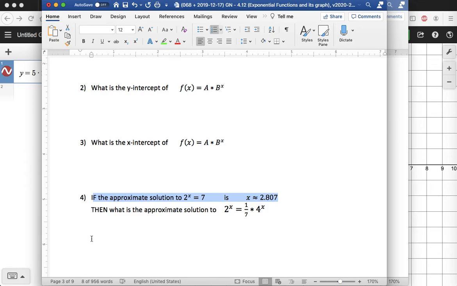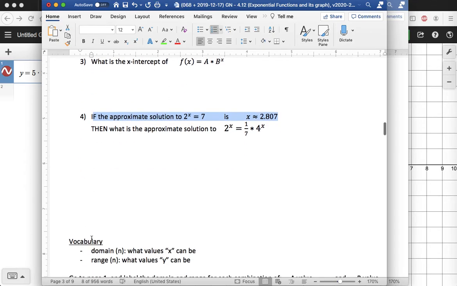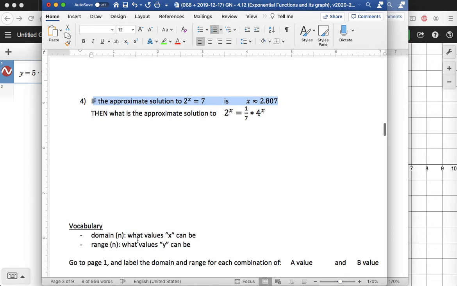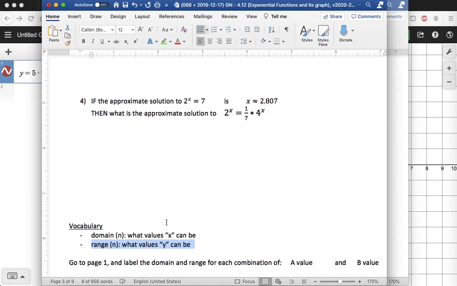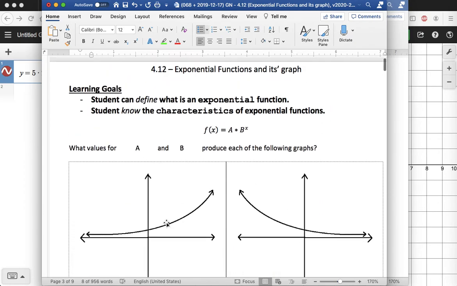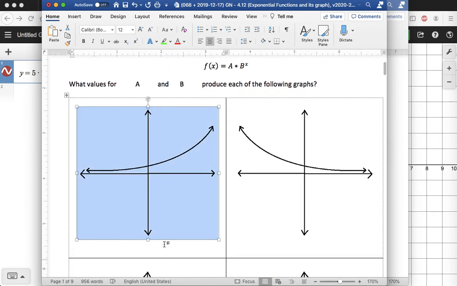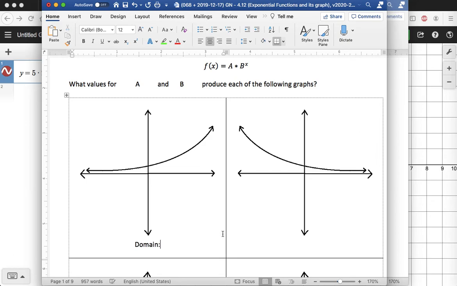All right. So last thing for this page is I want to talk about these 2 words, domain and range. So domain is what values can x be. Range is what values can y be. What you're going to do is go to this page right here. And for each of these 4 graphs, I want you to write what the domain is, what values can x be, and write the range, what values can y be.